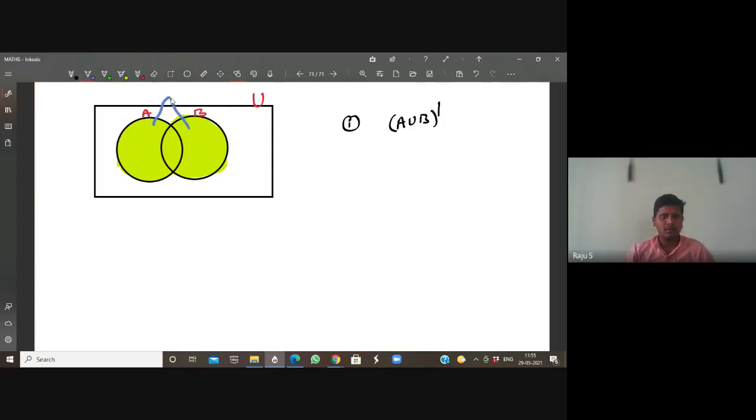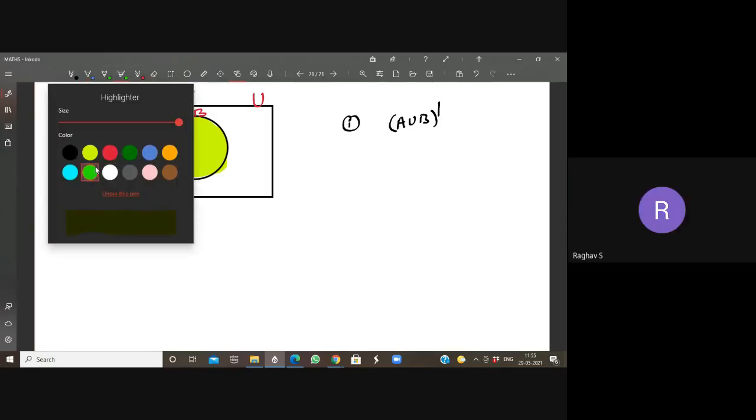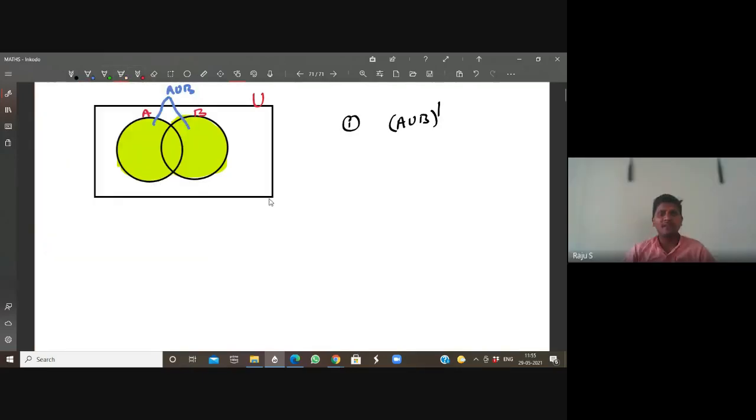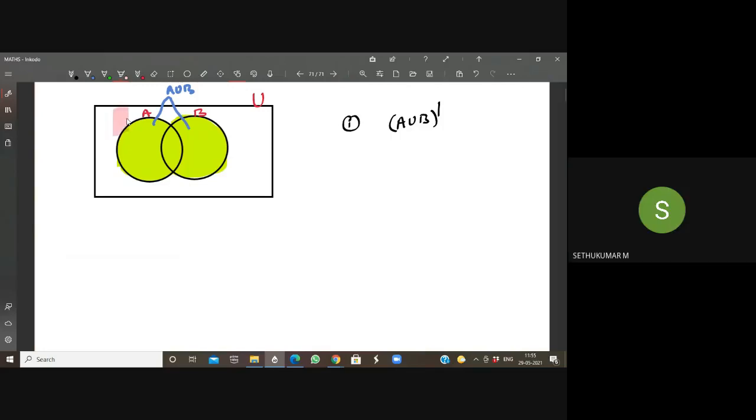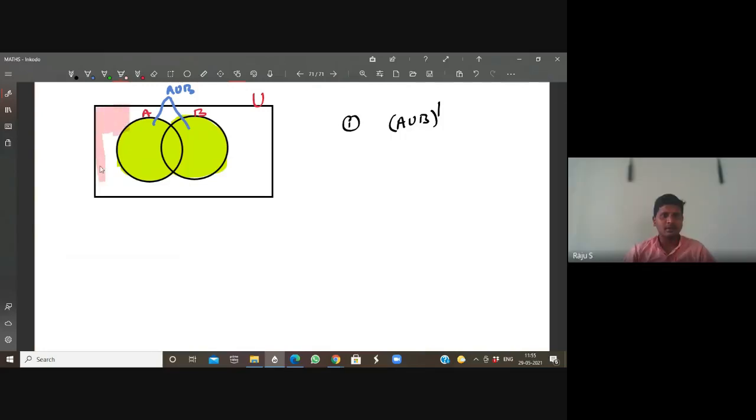So this is the A union B region. But what is the question? (A union B) whole complement. The white region, sir. Exactly, everything other than the A union B region.